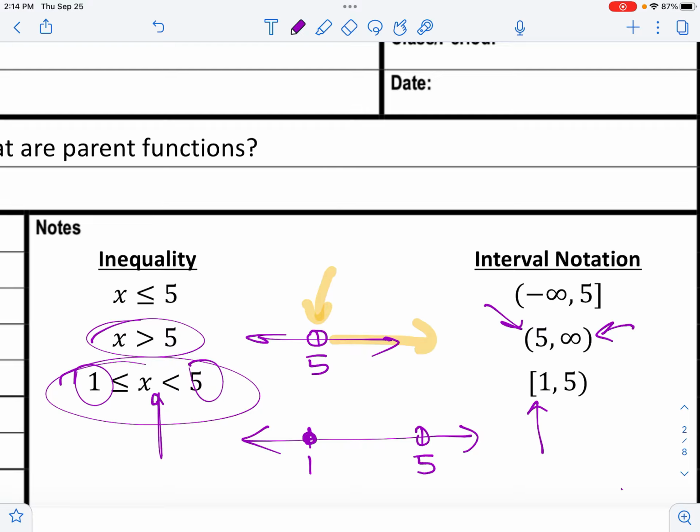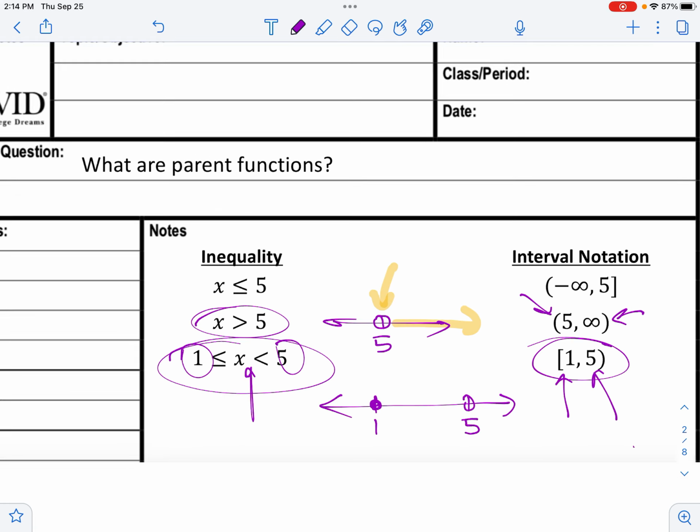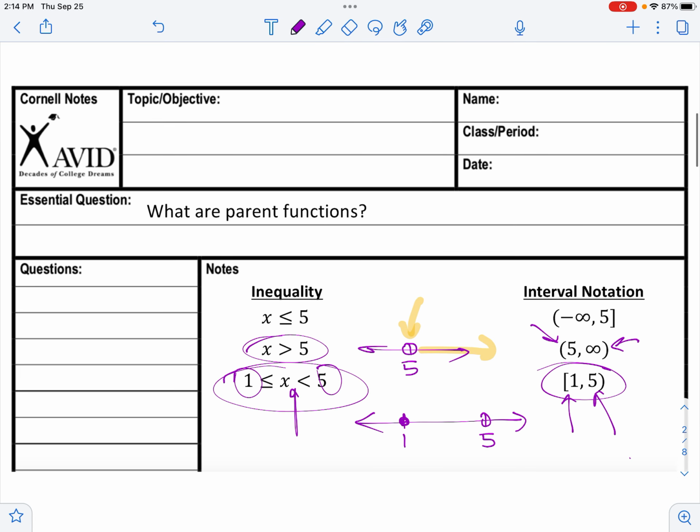We've got a bracket, 5 not included, so a parenthesis. So this means every number between 1 and 5, 1 included, 5 not included. So this is called interval notation, and sometimes it's a little bit more handy to use than inequalities. But they really are both the same. You could use either one. You'll notice I'm going to use them kind of both today, and I just want you to be familiar with it. You see these in a lot of text sometimes.